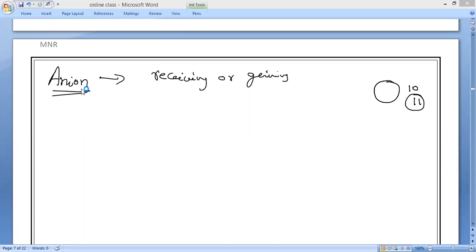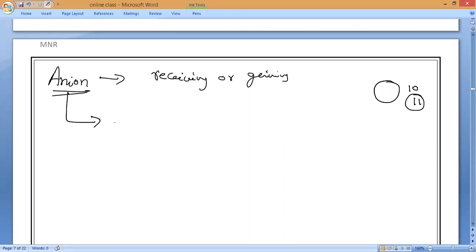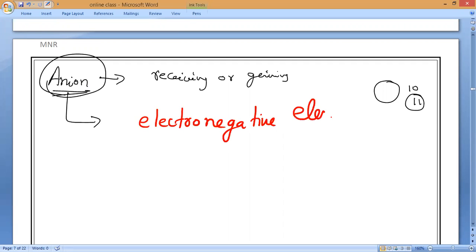So for anions, we know another thing we used to say. What is the name of this one? Anybody? The elements which form anions are called something. Electronegative elements.